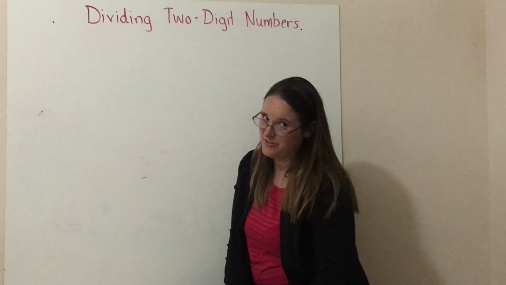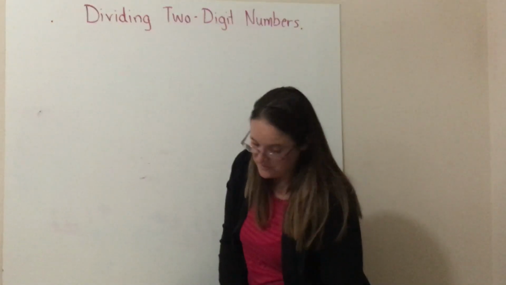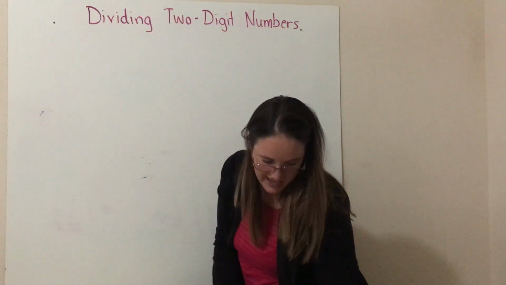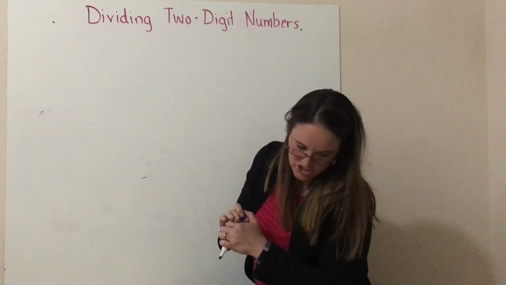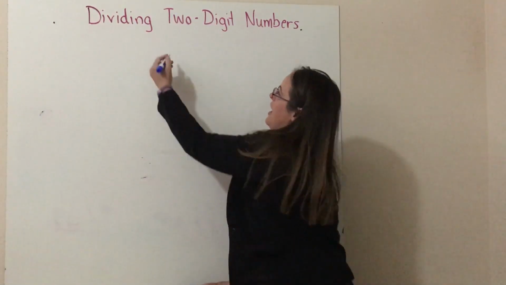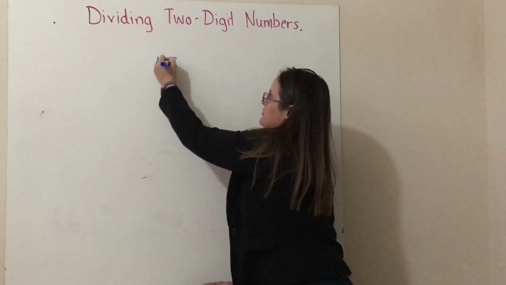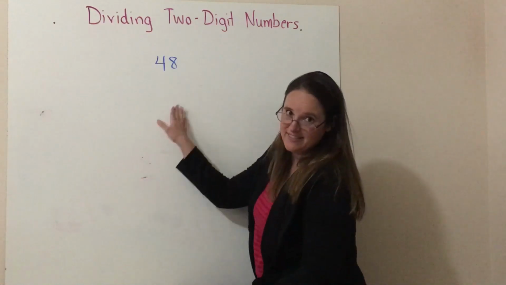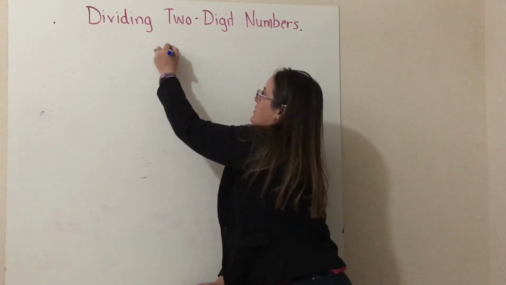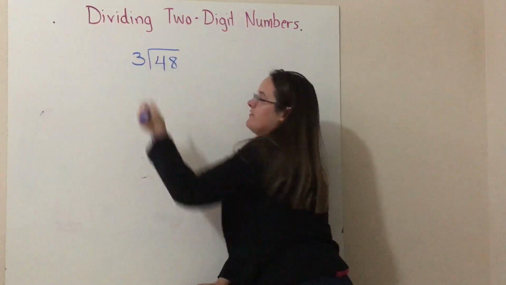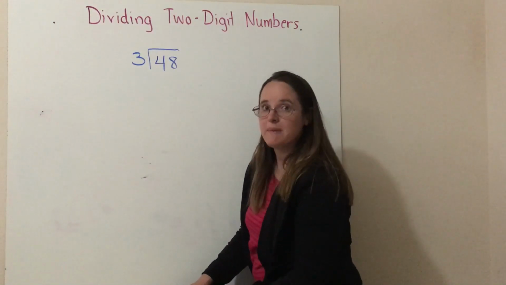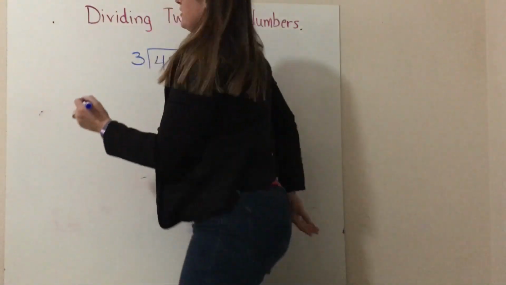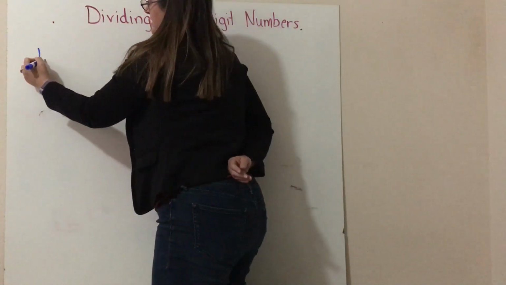I don't want to draw all those pages of postcards, so instead I'm going to use my new division trick that I've learned, and I know that she has a total of 48 postcards. I know that she wants to divide these postcards into groups of 3 because each page can hold 3 postcards. So over here I'm going to write our steps.